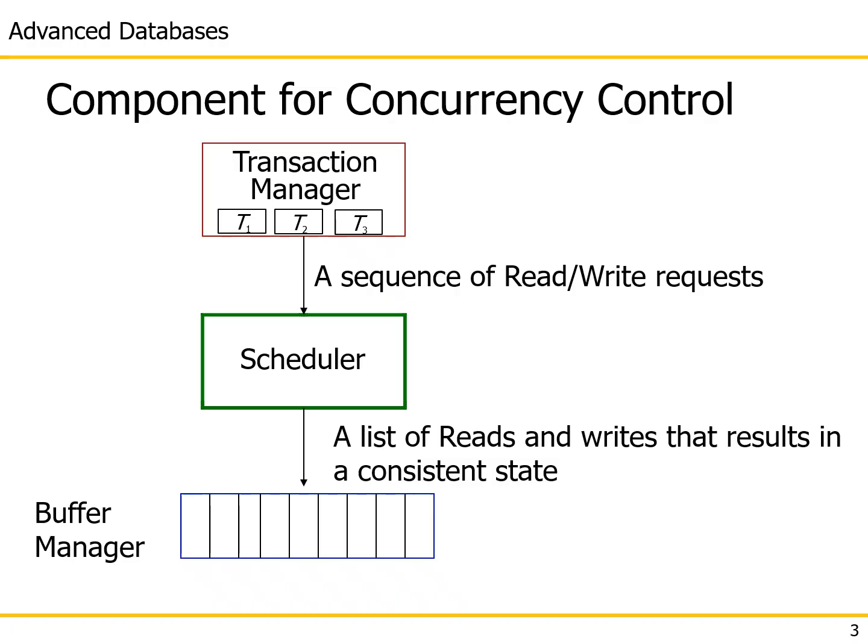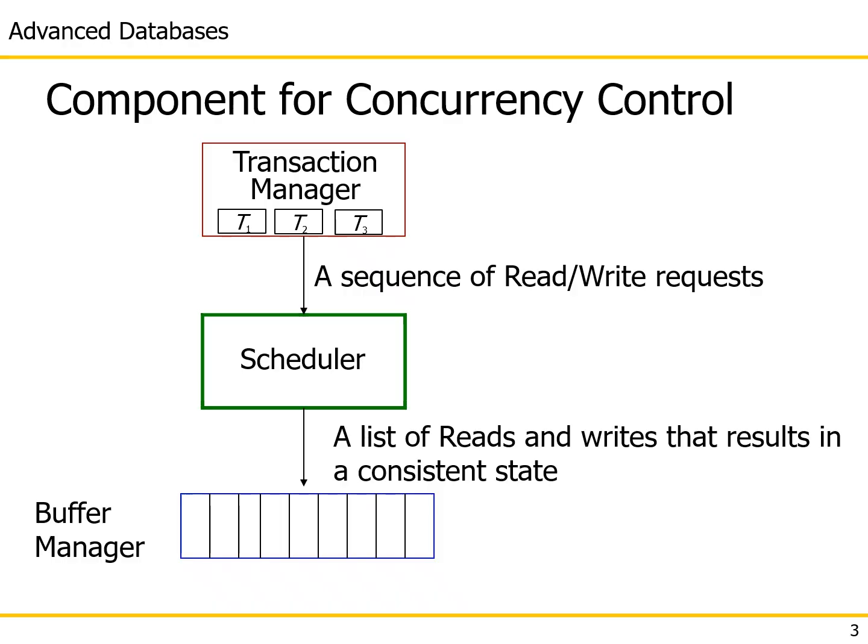when a transaction makes a read or a write, which is going to the buffer manager, this read or write actually passes through another component that's within the scope of the transaction manager, or part of the transaction manager, called the scheduler. The goal of the scheduler is to arrange the reads and writes before they arrive at the buffer manager.